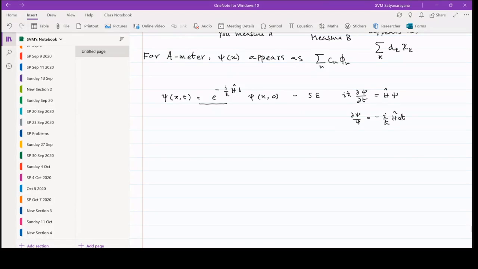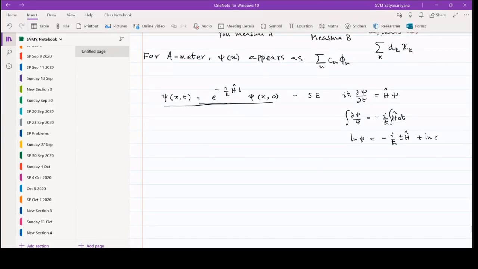I am assuming that H is not depending on time, so I integrate on both sides, and then I will get logarithm of psi, which is equal to minus i by h cross into t into H plus some constant, which I will call logarithm of c, and c will be the initial wave function, and that is how I am getting this.